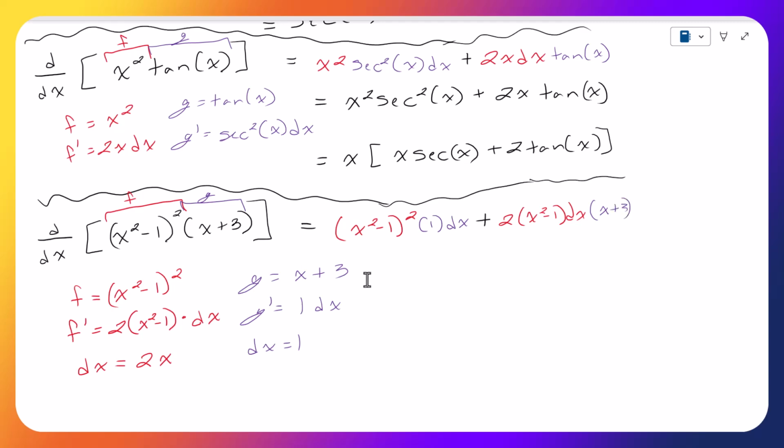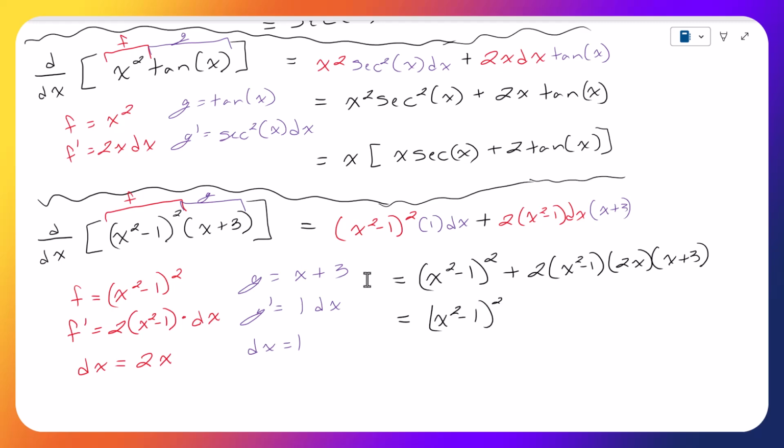And start cleaning it up. We get x squared minus 1 squared. And for our purple, the dx was just 1. But now for our red, we're going to be careful because our red dx is 2x. So I'm going to rewrite this as 2 x squared minus 1, 2x, x plus 3. A lot of y'all will try to distribute at some point here.